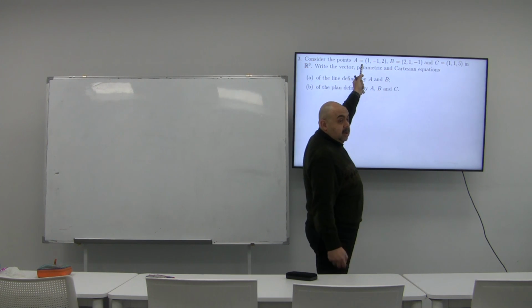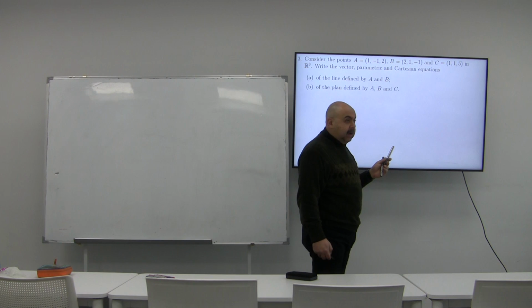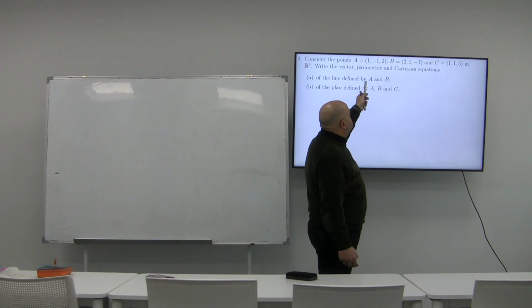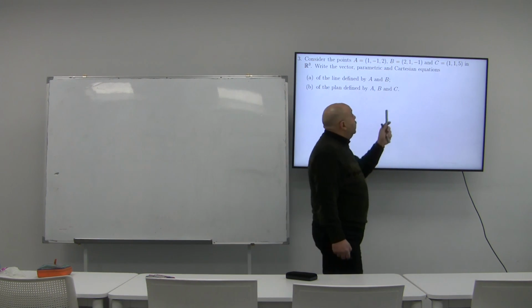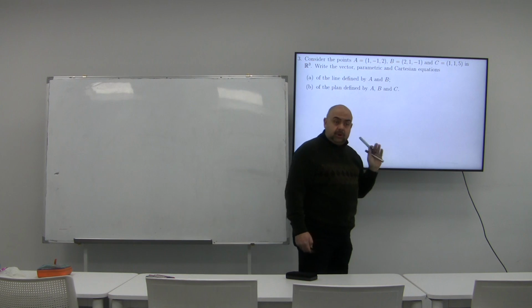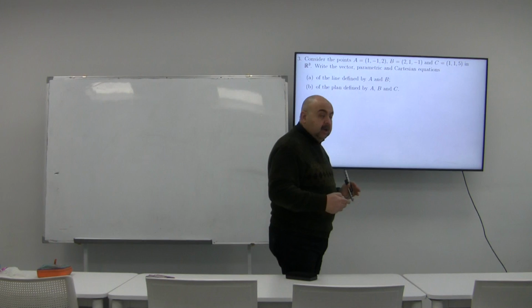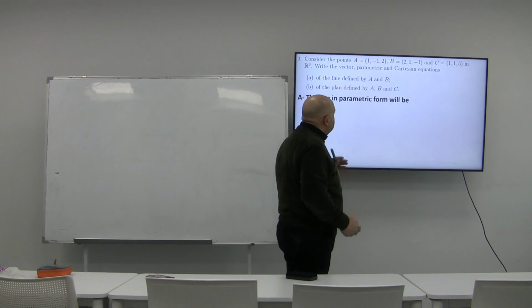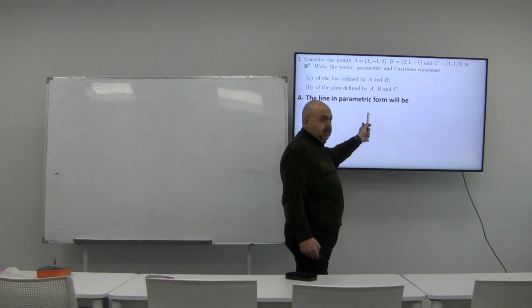Keep it with you. Now I will have to find the direction ratio, Martin, which is the vector. How to get the vector of the direction ratio of A and B? Simply choose to get B minus A or vice versa. But once you start this process, starting from B minus A, you go with all the coordinates, which means that in order to get the line in parametric, I will get the direction.